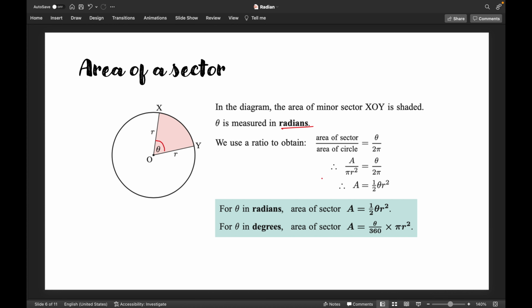If we substitute the values in, we get half theta r squared. This is in terms of radians, and in degrees it would be theta by 360 into pi r squared. We usually use radians in most of the questions, so make sure that you remember the following formulas.